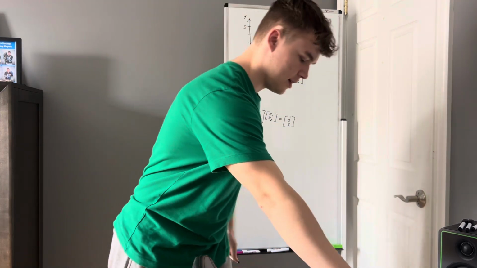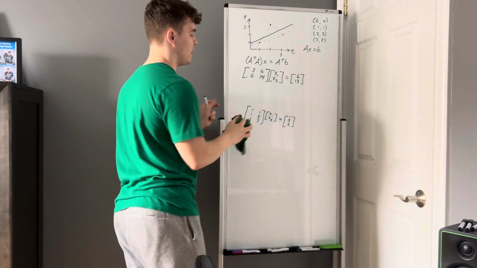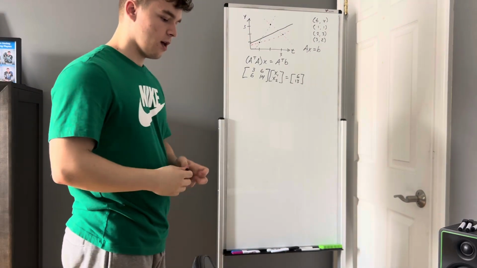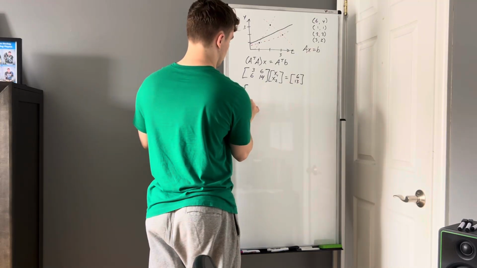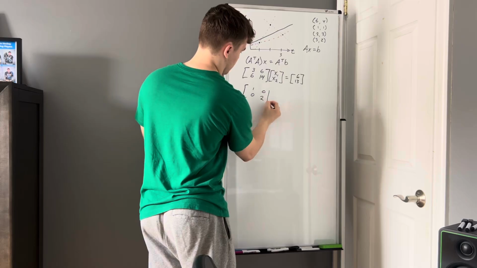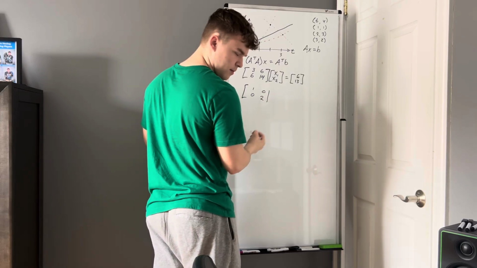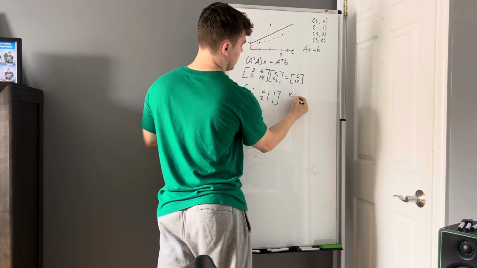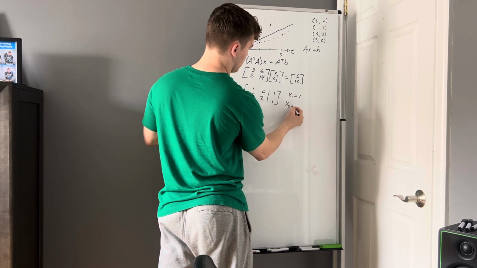Okay, nice. Now we have a system that we definitely can solve. Well, if we use Gauss-Jordan elimination, we get this. This tells us x1 equals 1 and x2 equals 1 over 2.